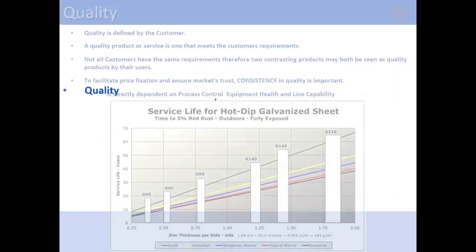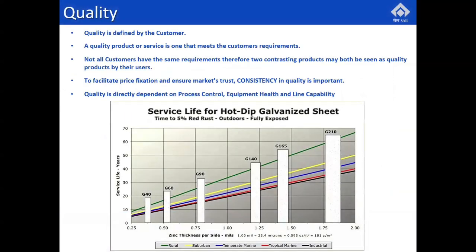Now coming to the quality issues. For our understanding as a galvanizer, quality is defined by the customer. A quality product or service is one that meets the customer's requirement, and not all customers have the same requirements. Therefore, two contrasting products may be seen as quality products by their end users due to their different end uses.